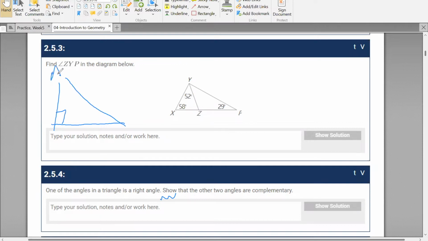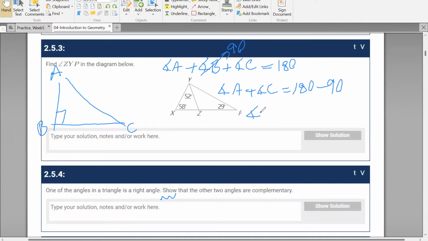We say this is angle A, angle B, and angle C. And therefore we say angle A plus angle B plus angle C, they add up to 180 degrees. Angle B is 90 degrees. Therefore, we say angle A plus angle C is, well, 180 take away 90.